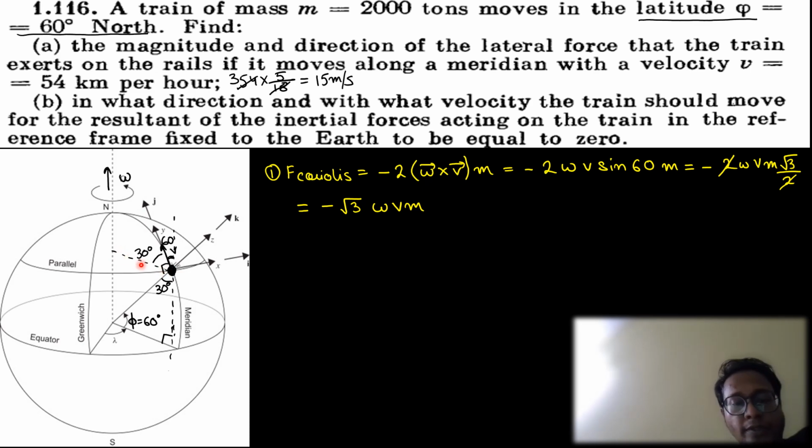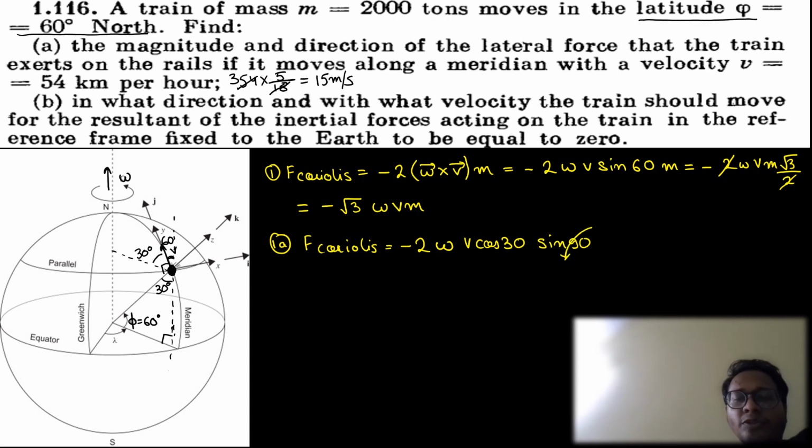Is that understood? Okay. So the Coriolis force is equal to minus 2 omega into v cos 30, and the angle between the component of velocity along this line and omega is 90 degree, so into sine 90, and sine 90 is automatically equal to 1.